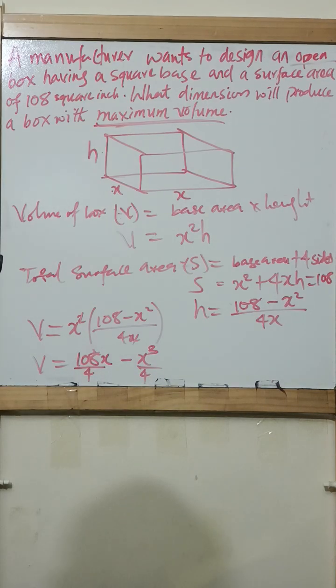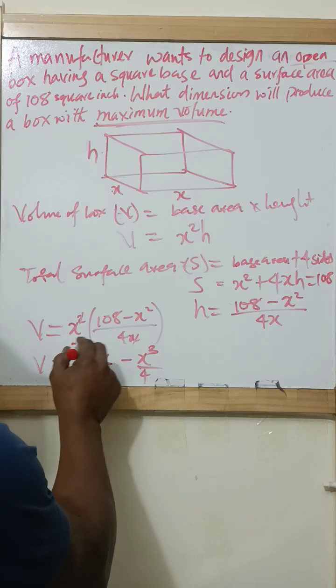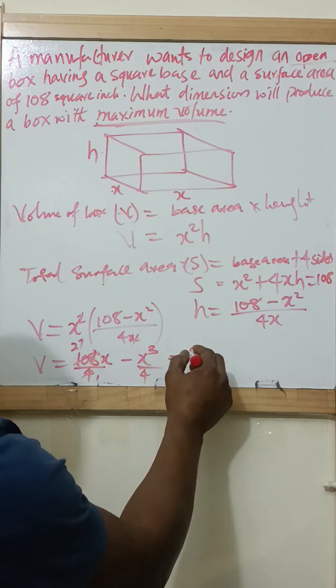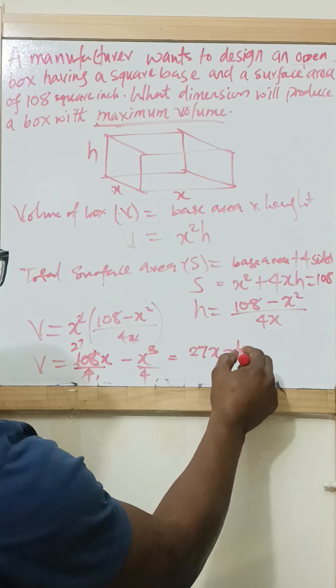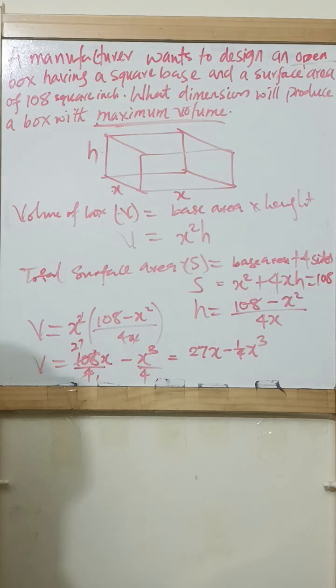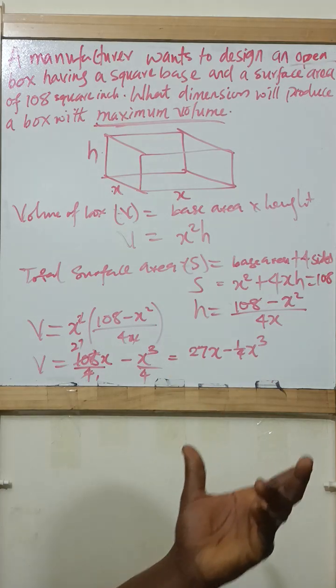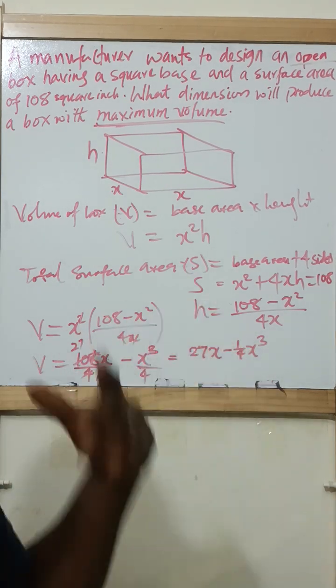So 4 in 108, 27. That will be 27x minus 1 over 4 x cubed. So this particular expression is now an expression of V with respect to x.